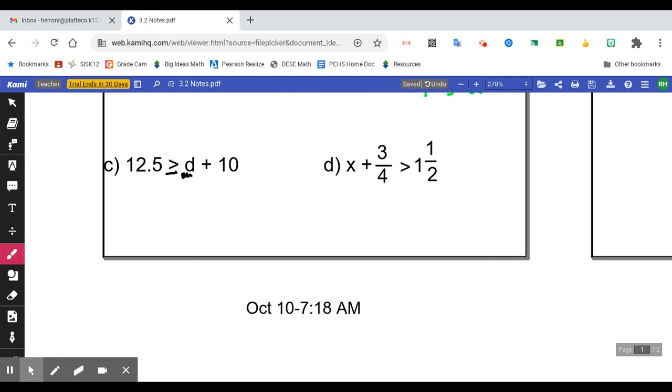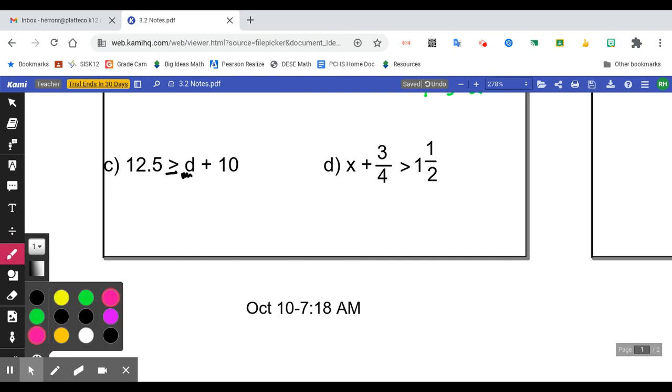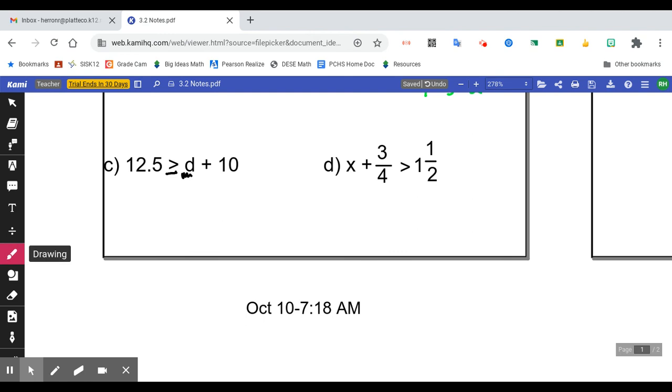Pardon me there. I kind of got all my equal signs off on those, so I had to redraw. So again, written backwards. So adding 10 means we're going to subtract 10 from both sides. Those cancel. 12.5 minus 10 is 2.5. Simple drops.